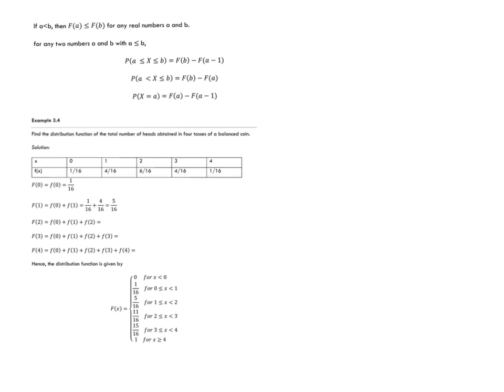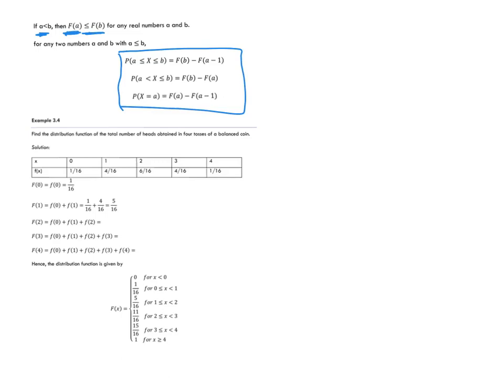Therefore, based on what we have learned, if a is less than b, then F(a) is less than or equal to F(b) for any real numbers a and b. So we can work it out here. The probability of a less than or equal to x less than or equal to b equals F(b) minus F(a minus 1).